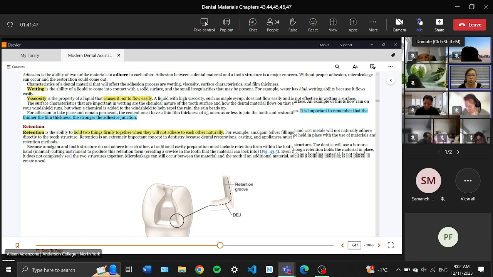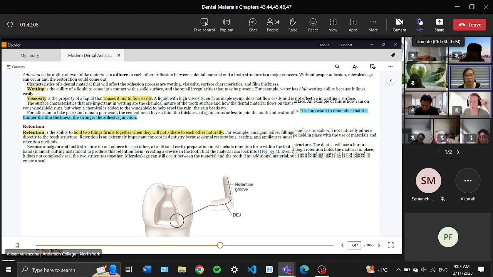I mentioned to you, we only have two types of filling, amalgam and composite, and they have two different types of retention. Because amalgam and tooth structure do not adhere together, a traditional cavity preparation must include retention form within the tooth structure.